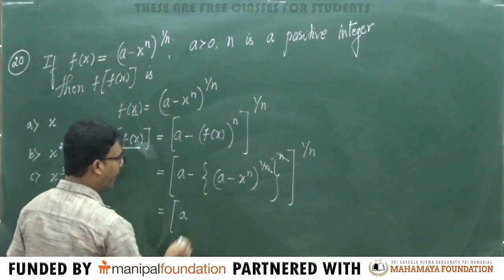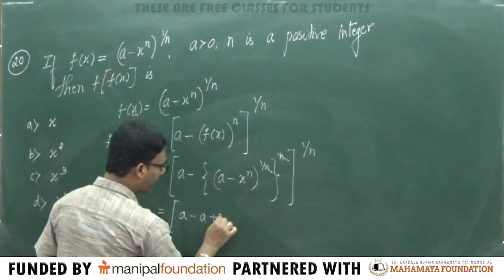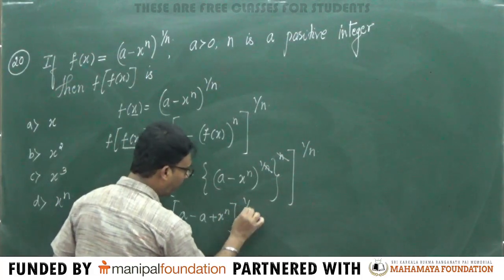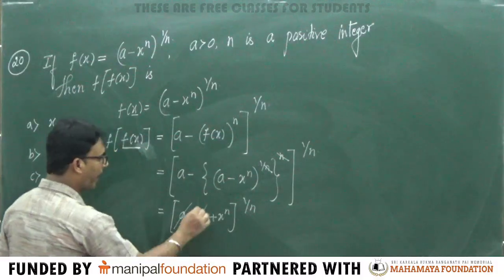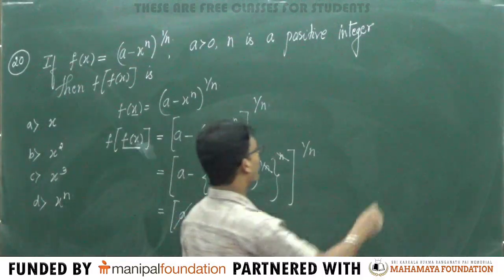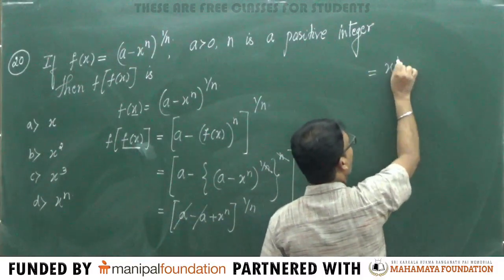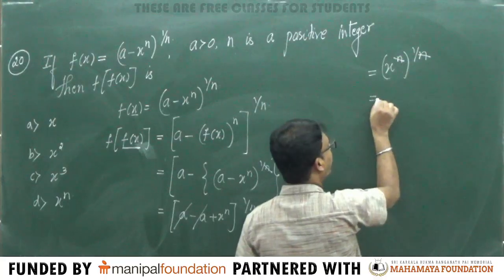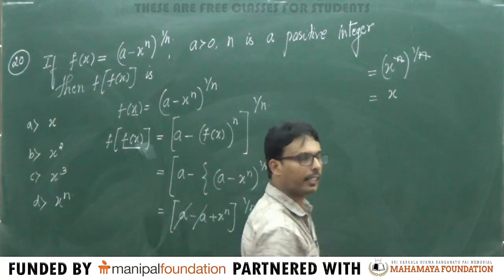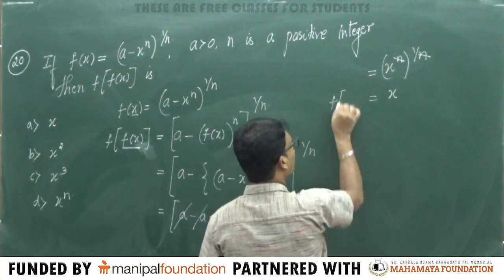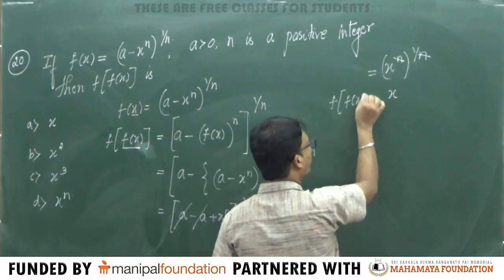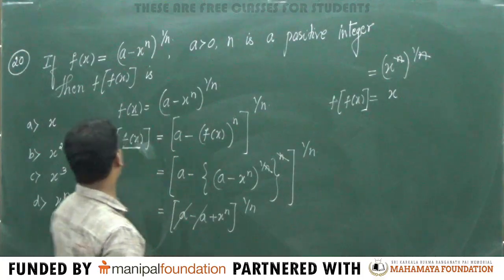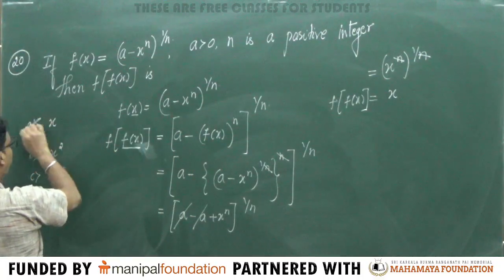A multiplied by the minus sign gives minus a plus x to the power n, whole raised to 1 by n. Again, plus a and minus a get cancelled. Remaining is x to the power n whole raised to 1 by n. Again n and n get cancelled, that is x. That is, the composition of the given function f of f of x is x. Therefore, the correct answer is option A.